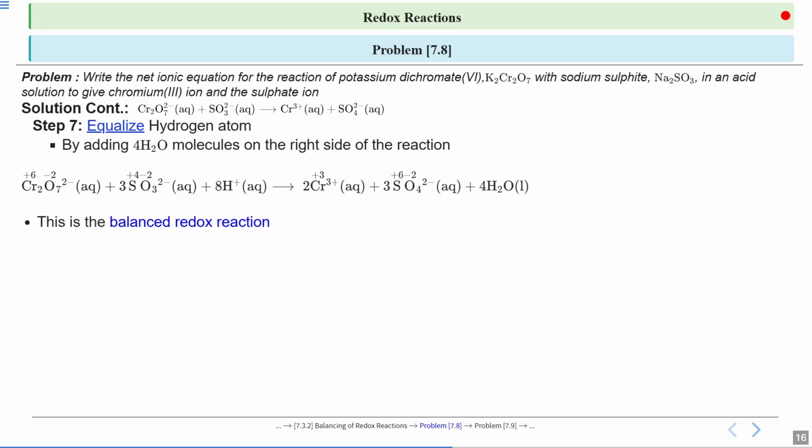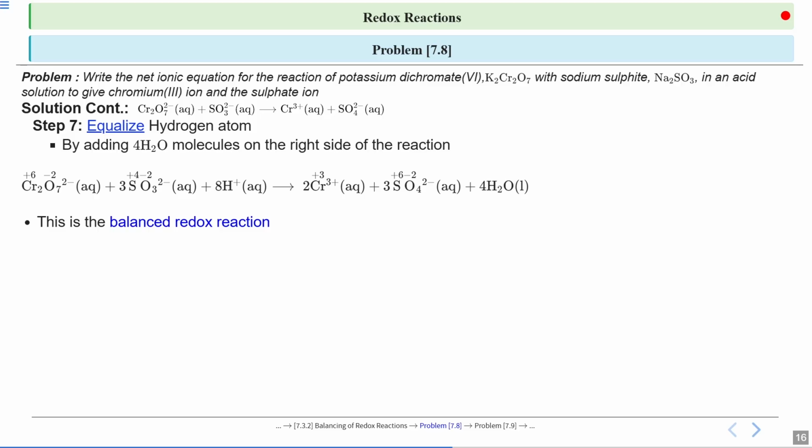So now if we consider this final equation, Cr2O7 2- plus 3SO3 2- plus 8H+ gives 2Cr3+ plus 3SO4 2- plus 4H2O, we will find that the chromium, sulfur, oxygen and hydrogen are all present in the balanced form. Their numbers are equal, their charges are equal.